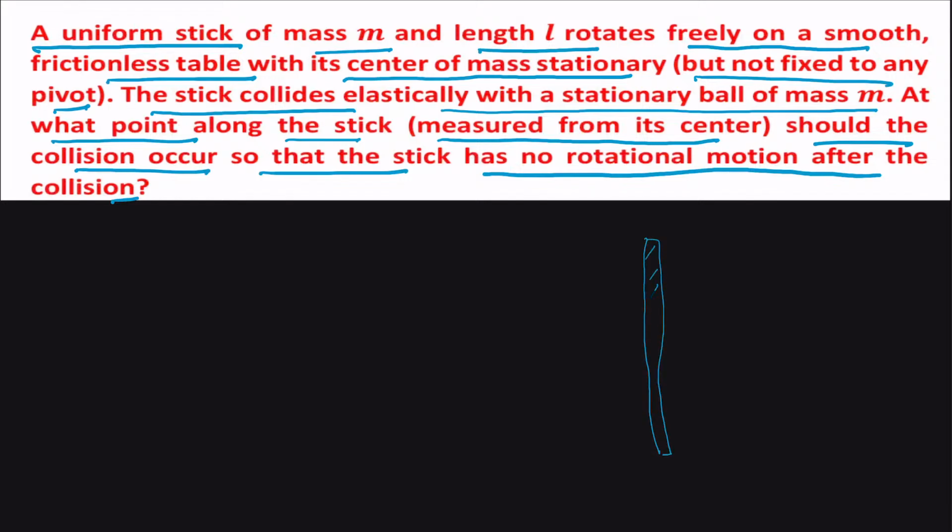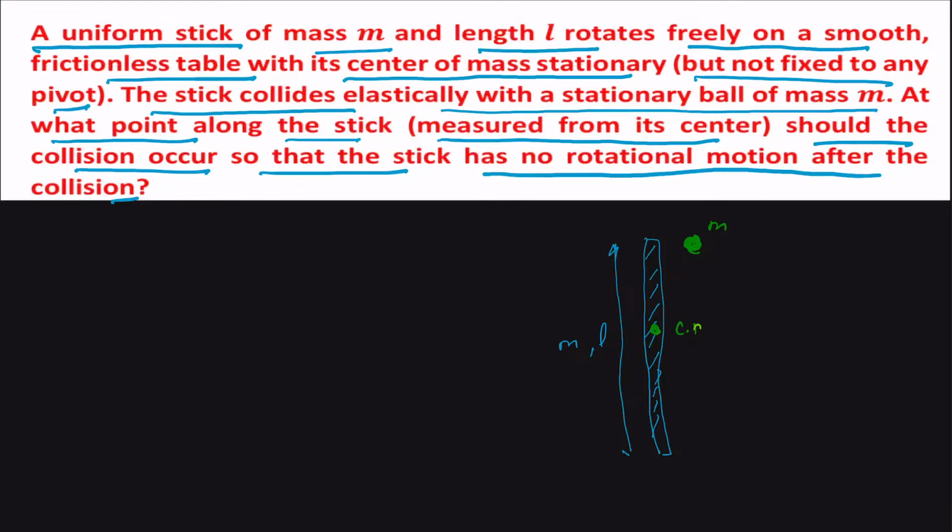So this is the stick and it is having a length of L and its mass is m, and it collides elastically with the ball, and ball is also having a mass m. Okay. And we have to find out the distance with respect to the center of mass.